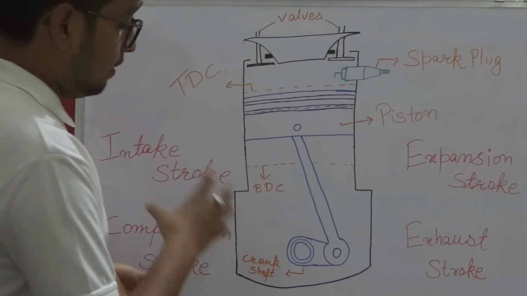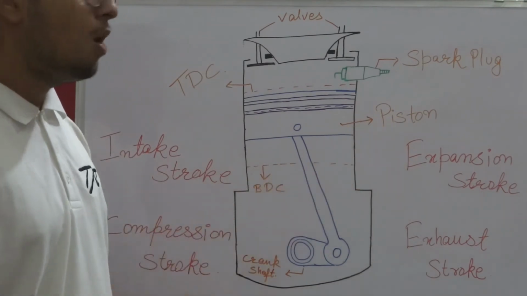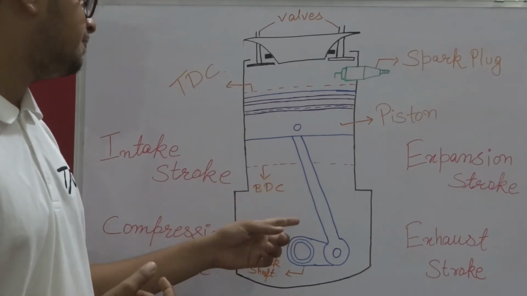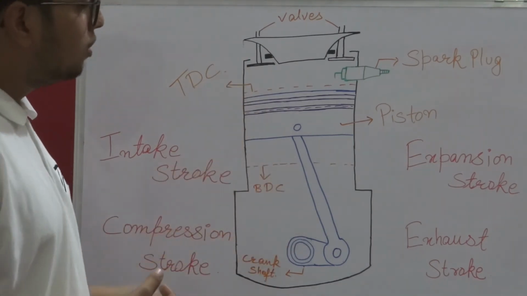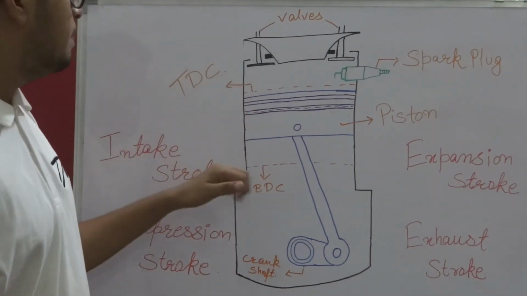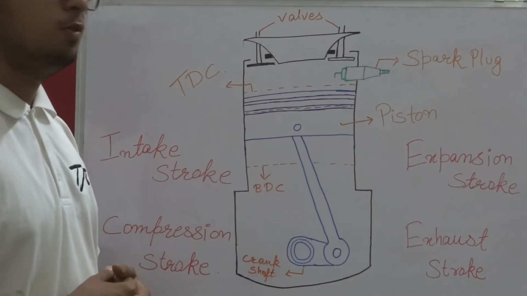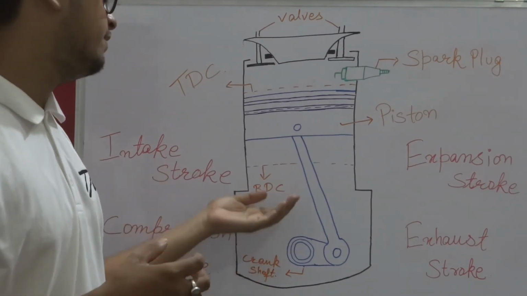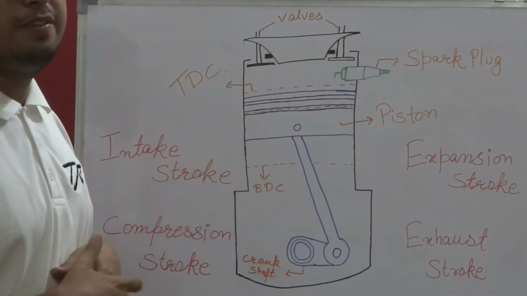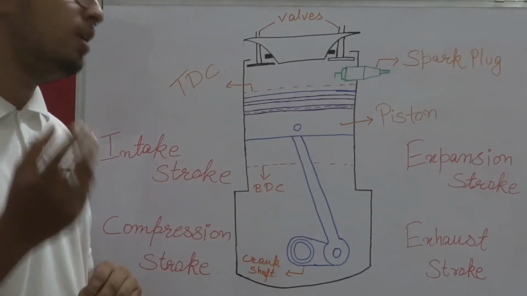In this stroke, the force that was produced in the expansion or power stroke is noted by our camshaft, and it tries to rotate and throw the piston upward toward TDC. While the piston moves up from BDC towards TDC, the exhaust valves open, and as the exhaust valve opens, the exhaust or burnt gases left in the combustion area get out with the help of an exhaust manifold to the catalytic converter and to the gas outlet and to the outer environment.